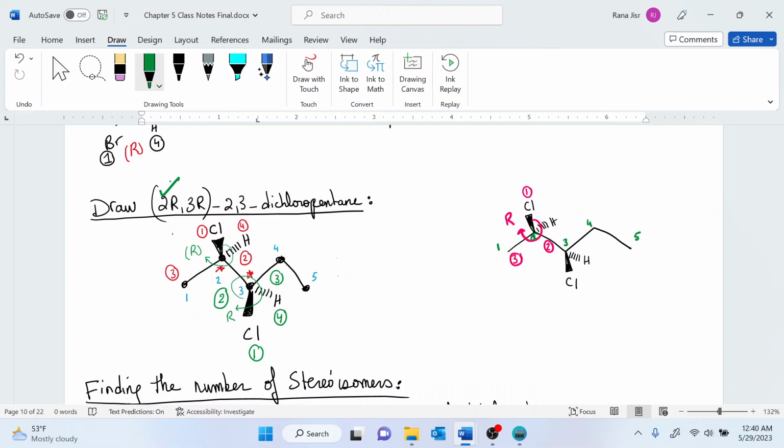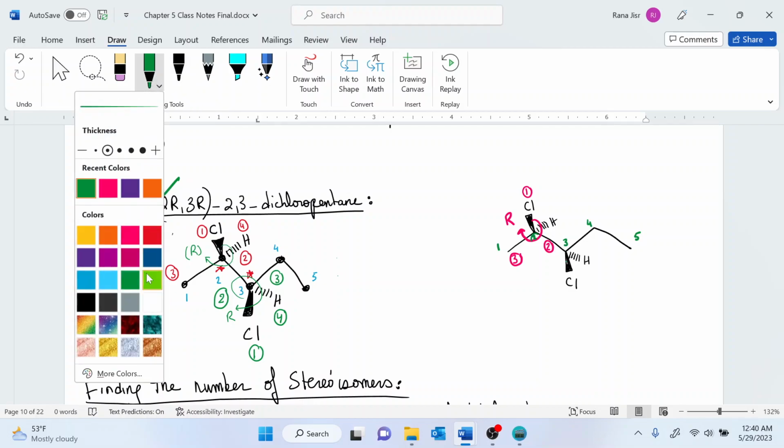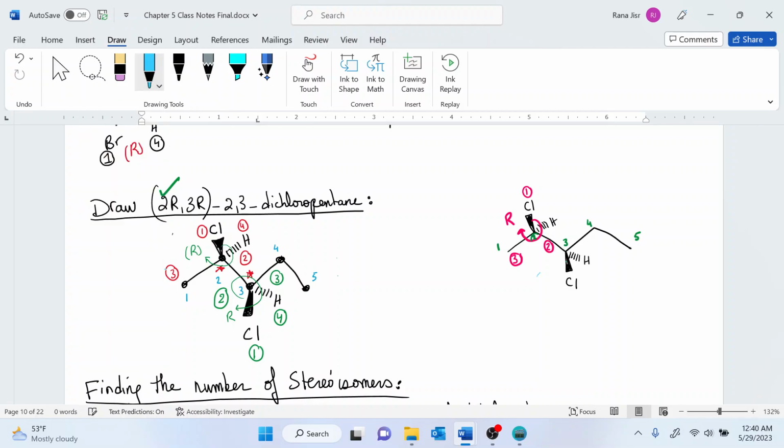And carbon number 3, this is going to be priority 1. This whole thing is going to be priority 2. This is a priority 3, and you have priority 4. The reason why this whole group is priority 2 is because this is a carbon-chlorine versus a carbon-carbon.